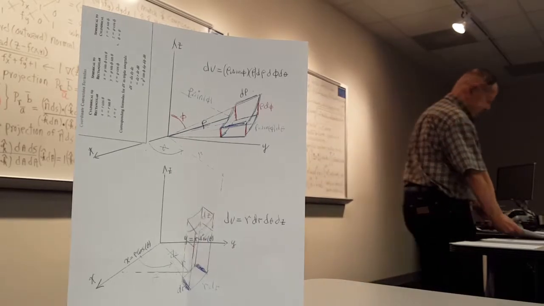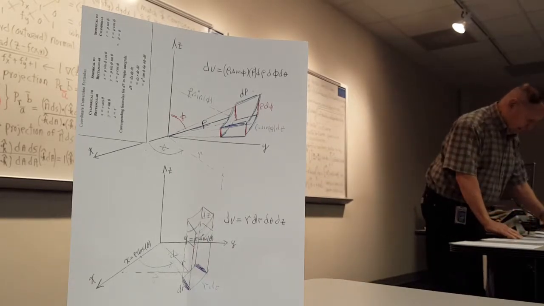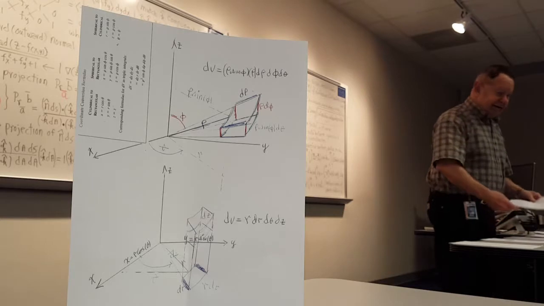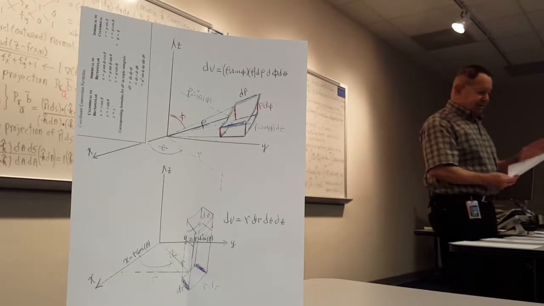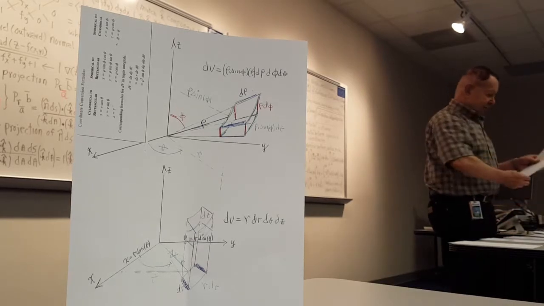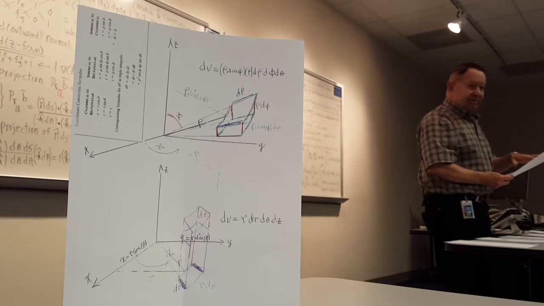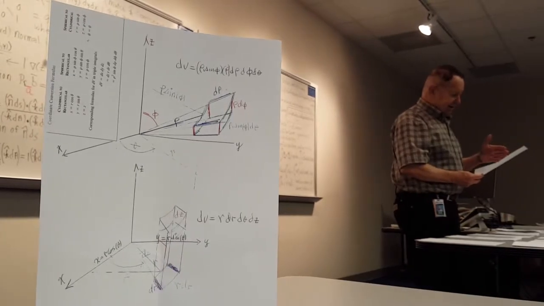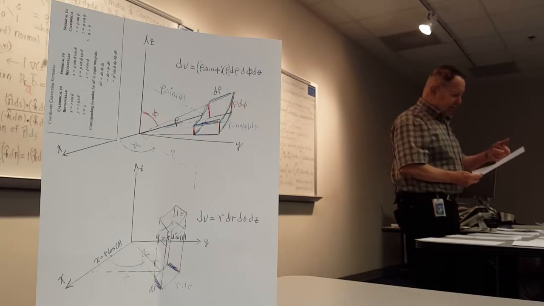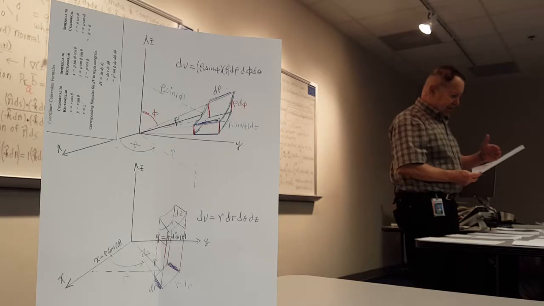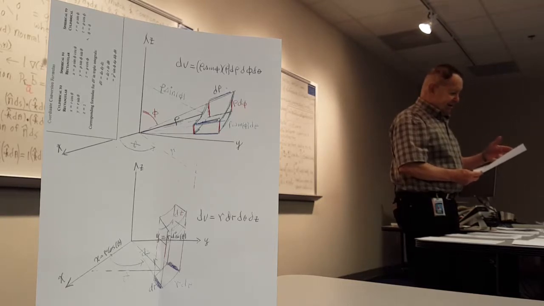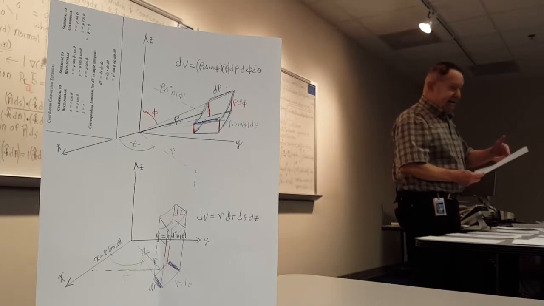So if you remember, I had the drawings on the board, so if you're looking at the spherical coordinates, which is the upper picture, you think of the box, which is d rho, the blue, the rho d phi, which would be the red, and the rho sine phi, which is the r, the radius in green out from the z-axis, and then the d theta.